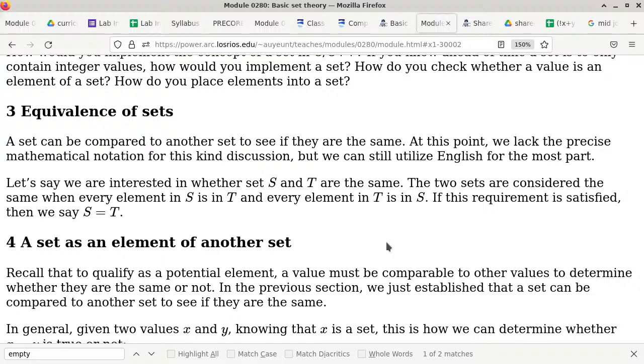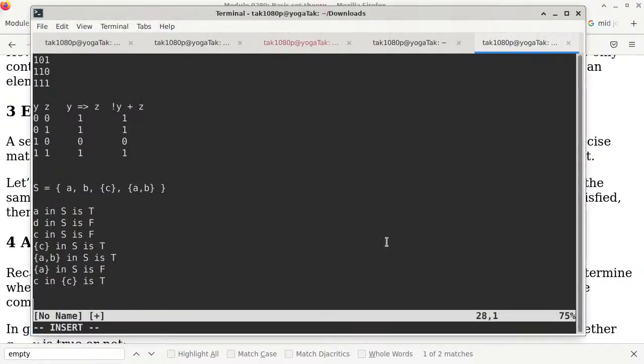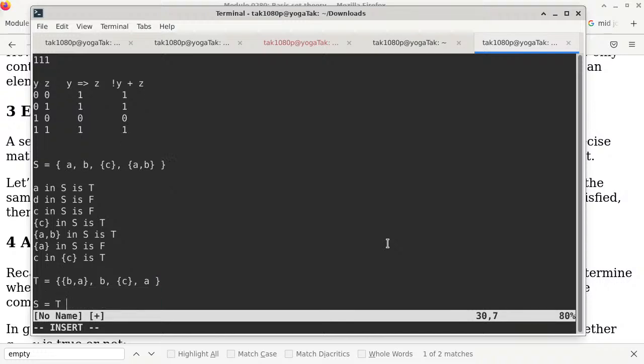Is that okay? All right, let's do an exercise to see whether we understand when two sets are the same. Now I define a set T, and we'll put B, A, B, C, A in it. And now I'm asking, S equals T, is it true or is it false? Compared to the set S that we defined earlier, and the new set T down here, are they the same? They are the same, but the elements are out of order.